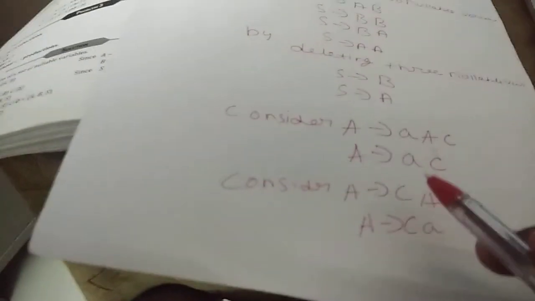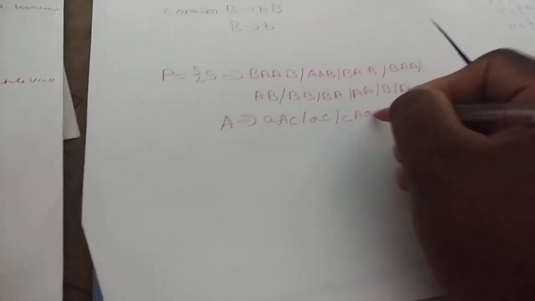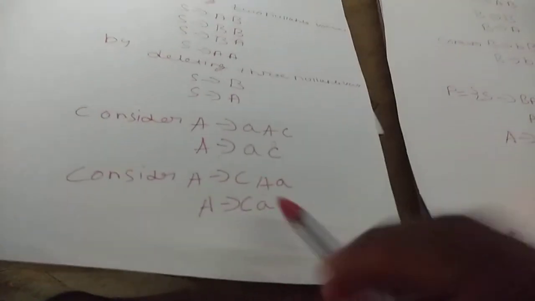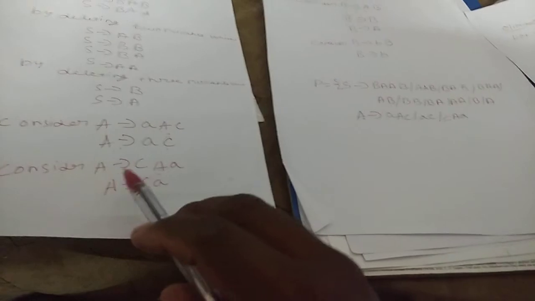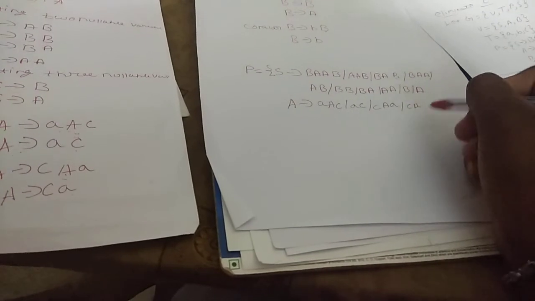Then write A tends to AC. Then write A tends to CAA. And A tends to CA. Write that. Okay. Then we have written all the A transitions.